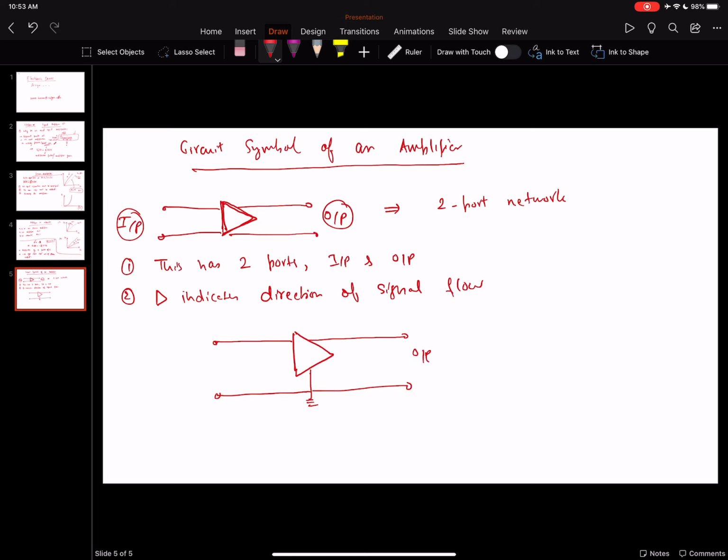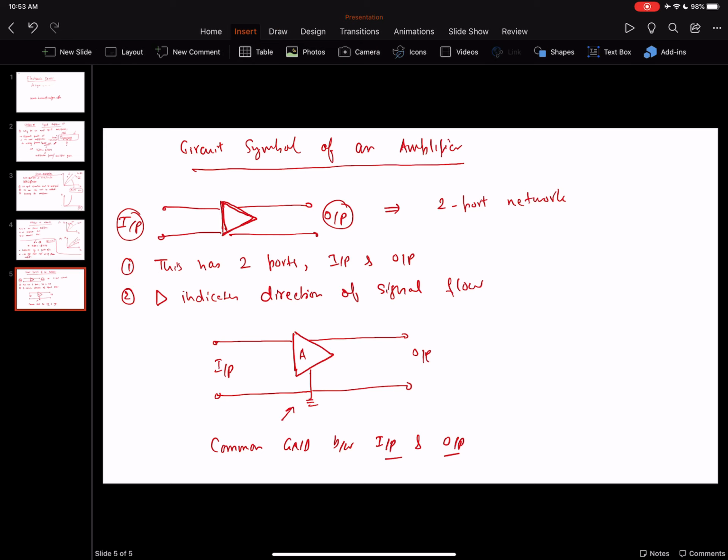Again, this is your output, this is your input, this is amplifier A with a gain A. And this is a common circuit ground between input and output. Okay, great.